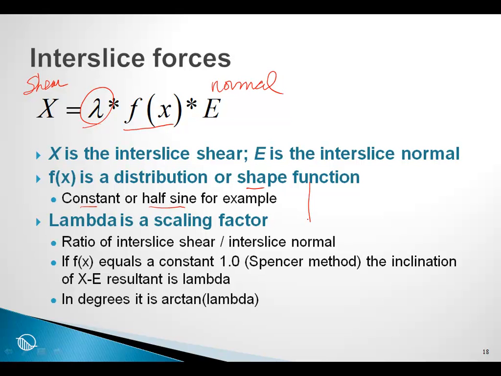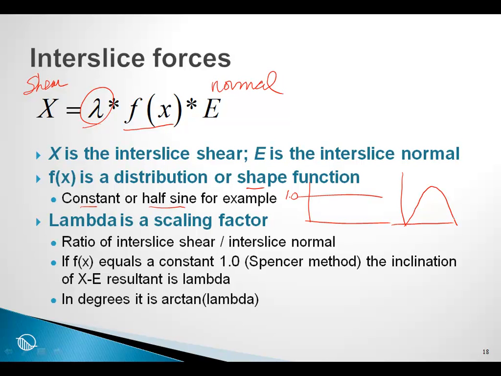A constant function is a straight line at 1.0. A half sine function is a half sine. Lambda is a scaling factor. It is a ratio of interslice shear to interslice normal.